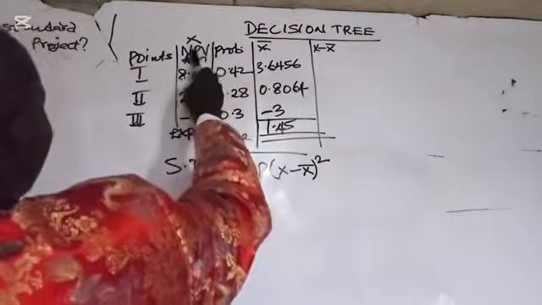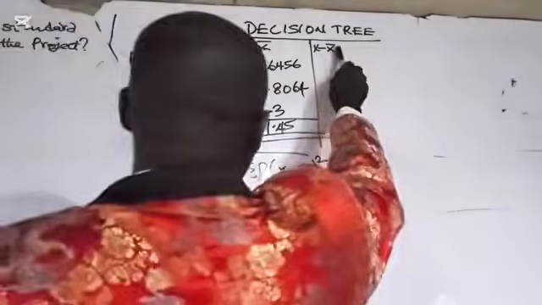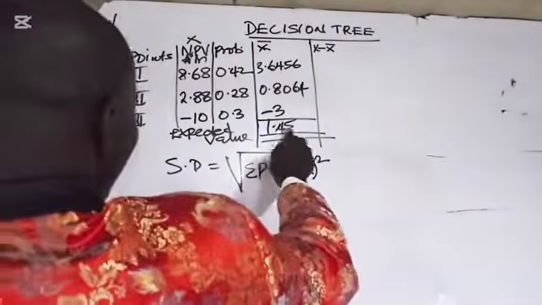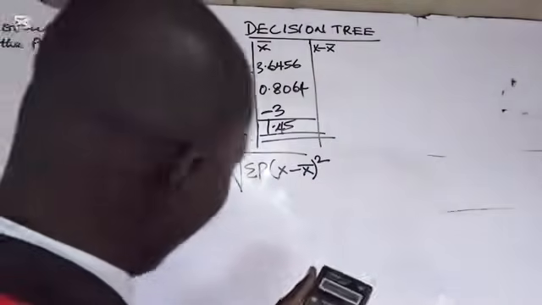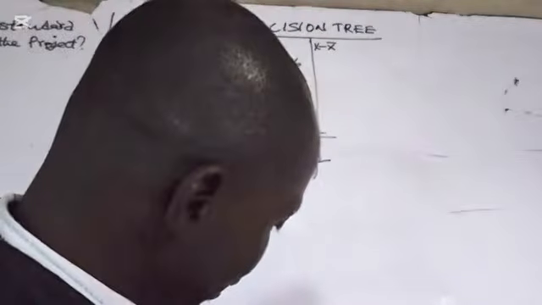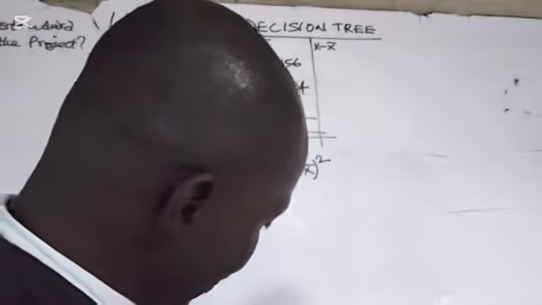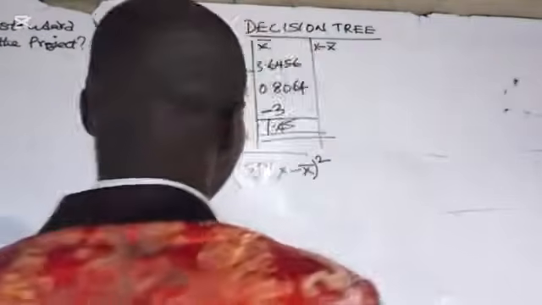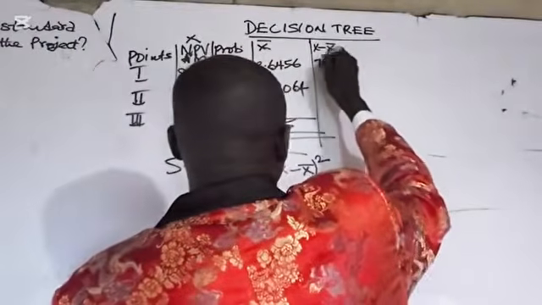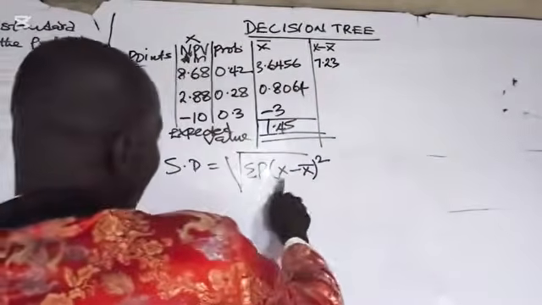If our x is the net present value and we have 8.68, x bar is the expected value, which is 1.45. So you have 8.68 minus 1.45, and we have 7.23.